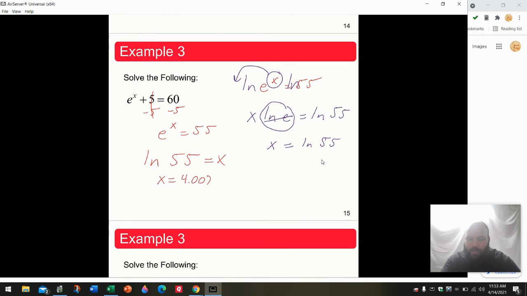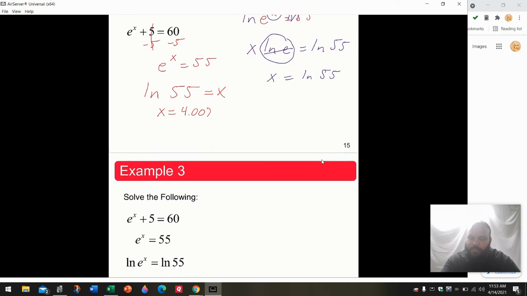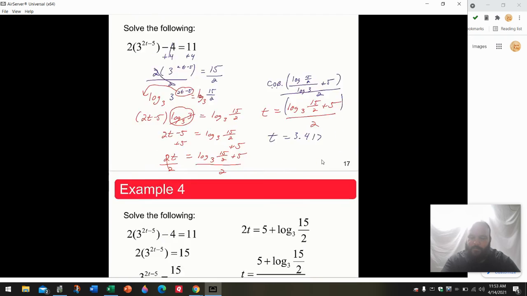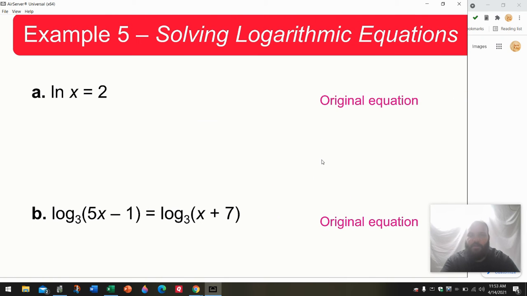They were simply exponential equations that we had to use a log to solve for the variable that was up in the exponent position. Well, we can also have logarithmic equations that already have the log in them and that actually need to be converted from logarithmic form into exponential form so we can solve it.